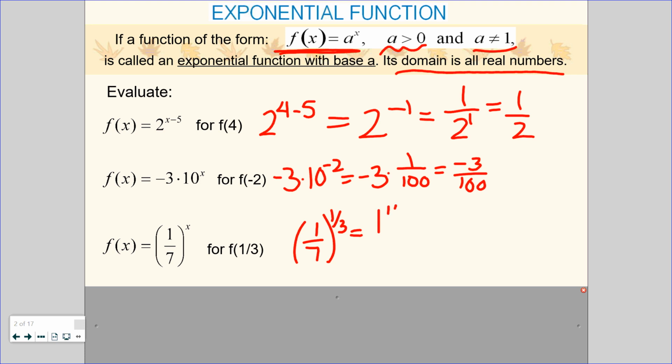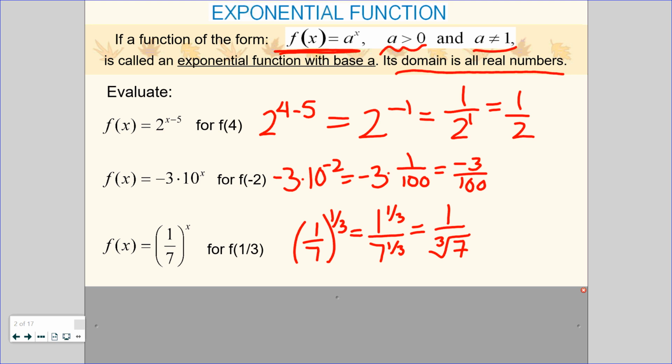So it would be 1 to the 1/3 over 7 to the 1/3. 1 to any power is what? 1. Do you know what 1/3 power is the same as? It's the same as a cube root. So you can type it in your calculator like this, 7 to the 1/3, or you could just say cube root of 7. Either way, that's not going to be a nice, pretty number. So I'm just going to write cube root of 7, and I'm going to leave it down there.